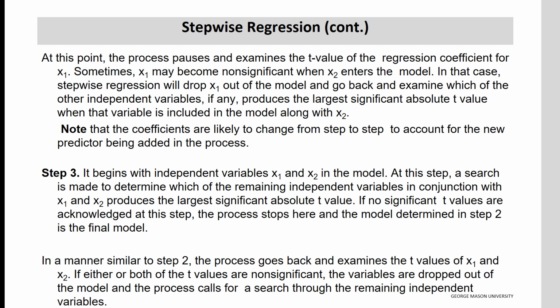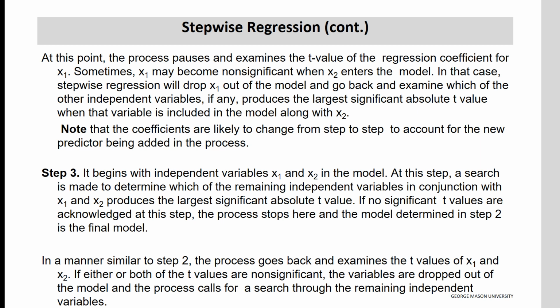In step 3, it begins with independent variables x1 and x2 in the model. At this step, a search is made to determine which of the remaining independent variables in conjunction with x1 and x2 produces the largest significant absolute t-value.